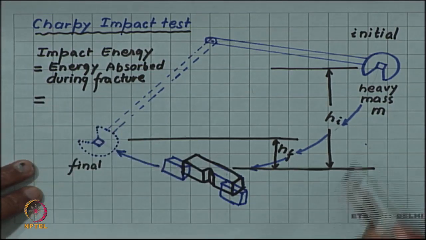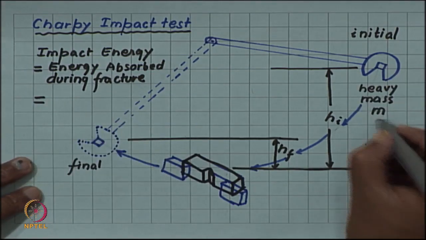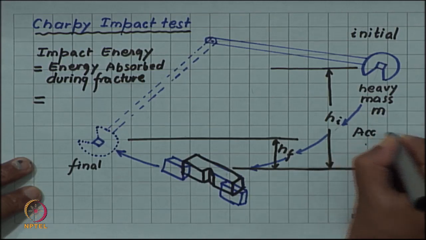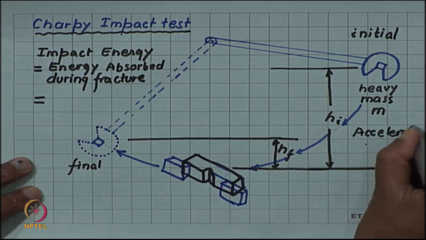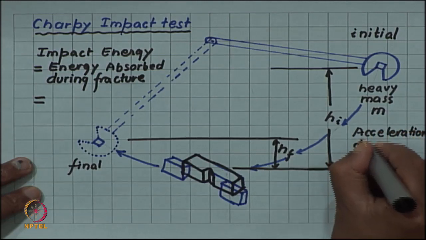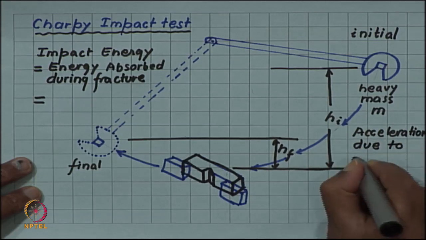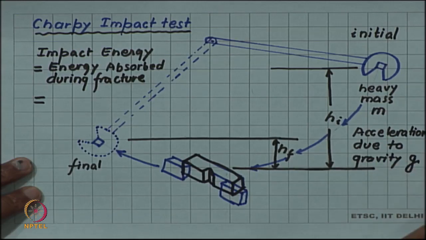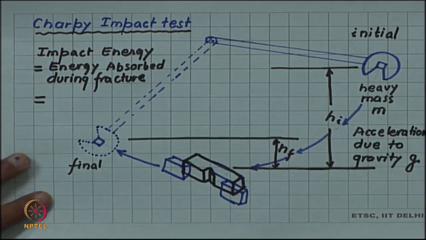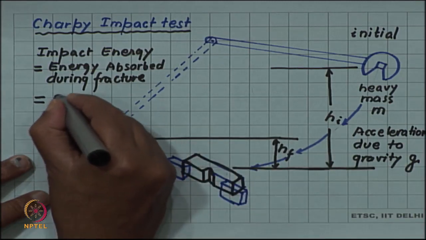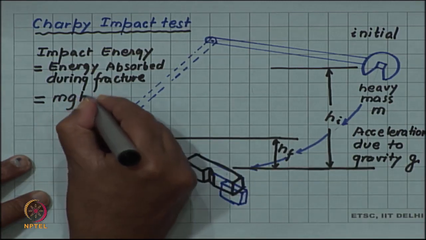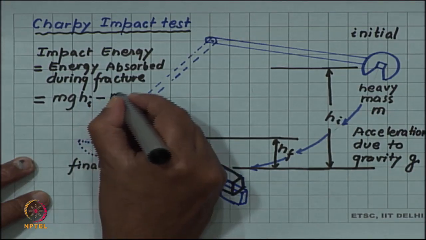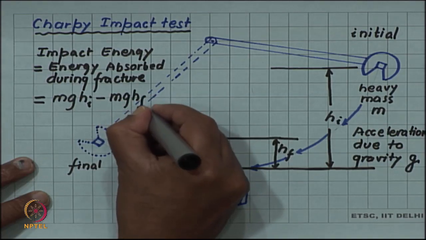Now, you can see that the initial energy of the pendulum was, if mass is m and the acceleration due to gravity is g, then the initial energy will be mg hi, but the final energy is only mg hf.